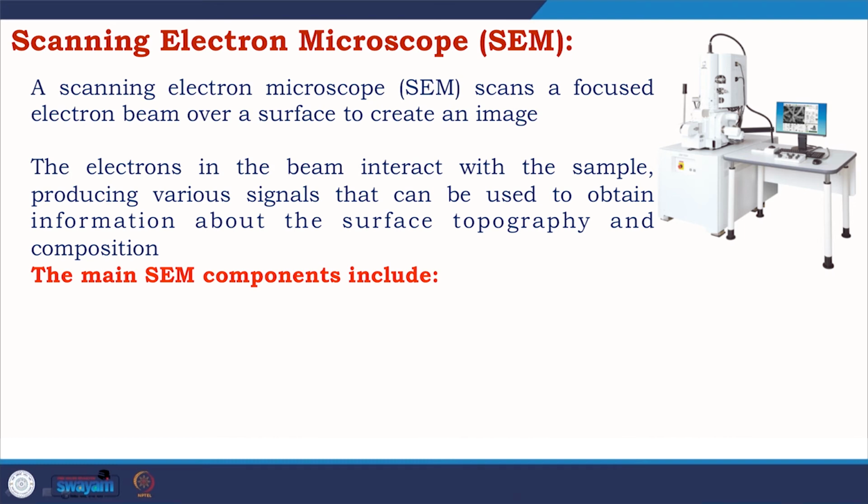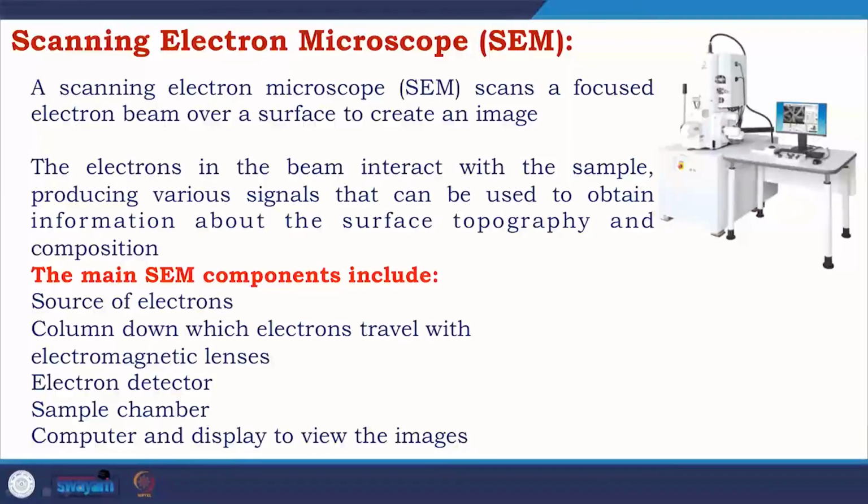So, it is talking about the surface, its width and all. The main scanning electron microscope components include the source of electrons, which is necessary for all electron microscopes, a column down which the electrons travel, electromagnetic lenses, electron detector, sample chamber and a computer and display to view the images.